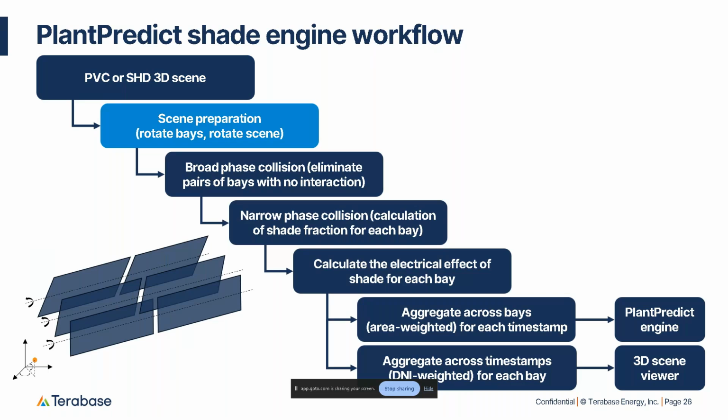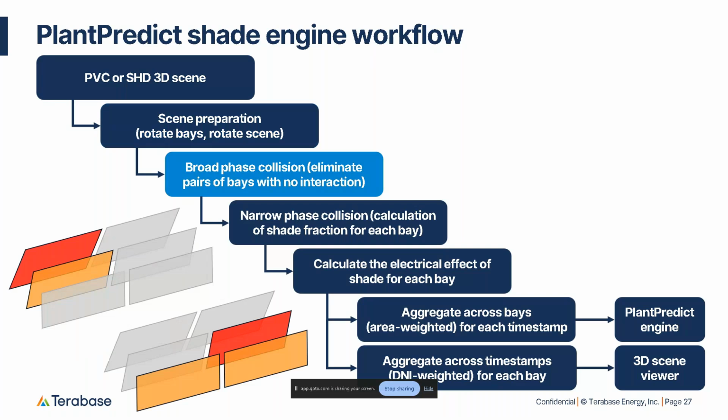And so what it renders is a 2D scene with the third dimension, the z-axis, being the distance towards the sun. And then we do a step that we call broad phase collision, which is for each bay, we determine which other bays it can interact with.